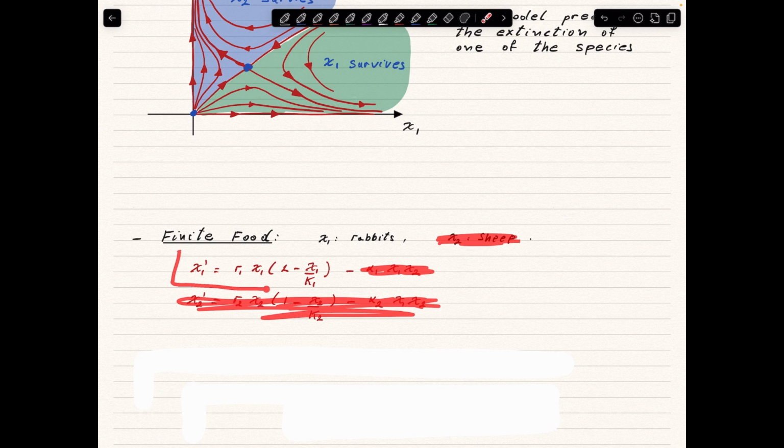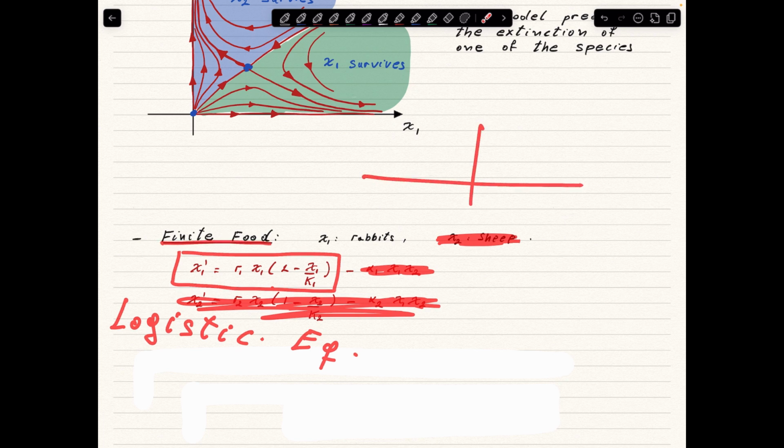And what we have here for the population of rabbit is now the logistic equation, which is an equation we studied in the previous video that models populations with finite food resources, and the solutions, recall, are either two equilibrium solutions, and then the solutions have an S form, or they are like this. And this is time, and this is x1, when x1 is alone. So this is the logistic equation, which we know pretty well how the solutions behave.